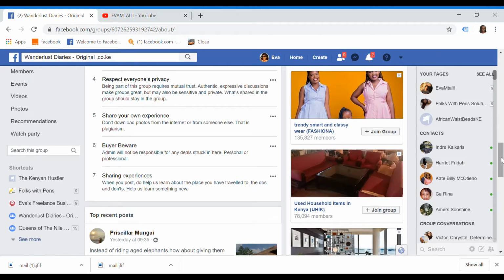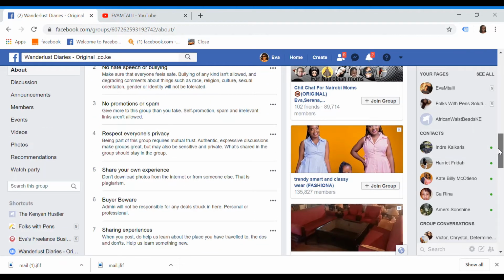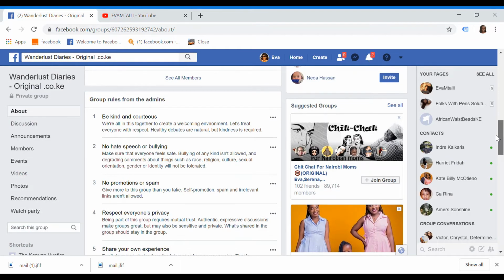So as you can see, they have clearly spelled out the group's rules. Kindly adhere to them, because if you fail to, you could either risk your posts not being approved by the admin, or you could actually be blocked altogether from the group.